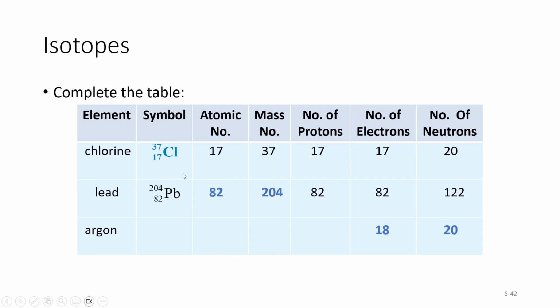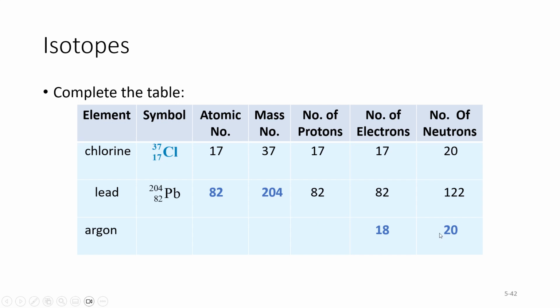Now to calculate the symbol, argon is Ar, so capital A, little r. Since there are 18 for the atomic number, we put 18 on the bottom. And then to find the number on top, the mass number, we're going to have to add the number of protons plus the number of neutrons.